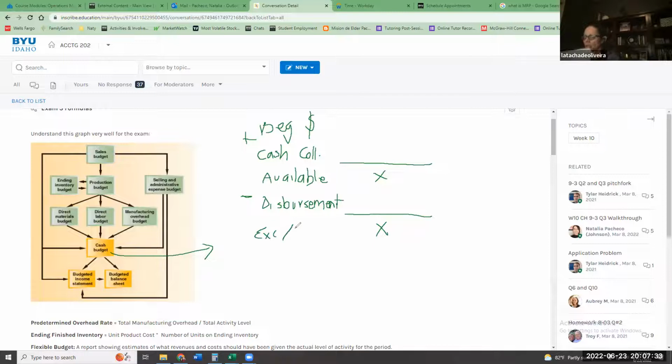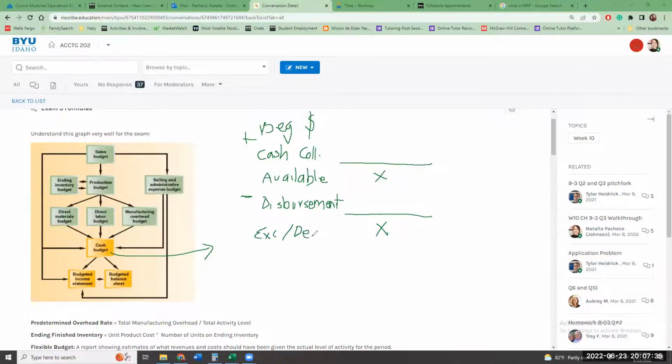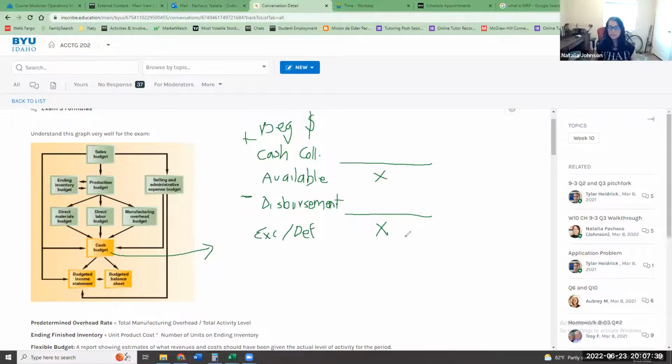It says excess or deficiency of cash available over disbursements. Okay, yeah. So this reminds me that there will be a question like that. They will give you the beginning cash balance, the collections, and the disbursement, and they will ask you what is the excess or deficiency in the cash balance.